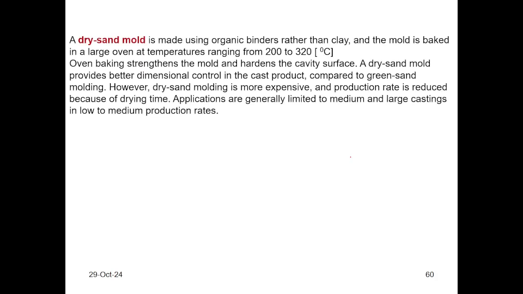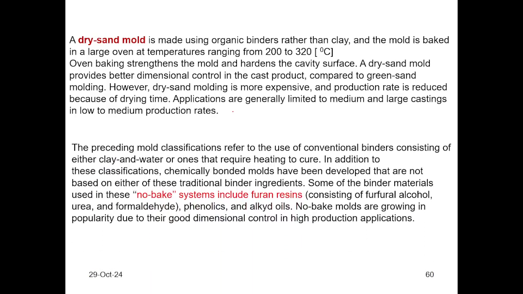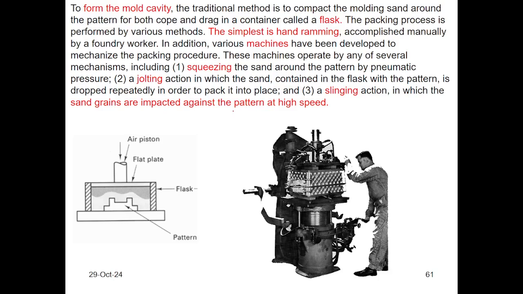Dry sand mold: at the drying stage, the mold is put into an oven and heated at 200-300 degrees Celsius. To set the shape of the cavity, the sand particles are to be wrapped around the pattern.